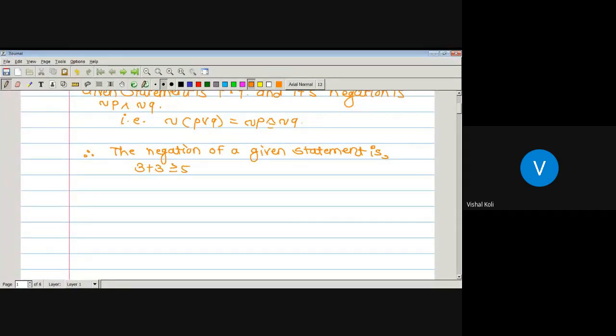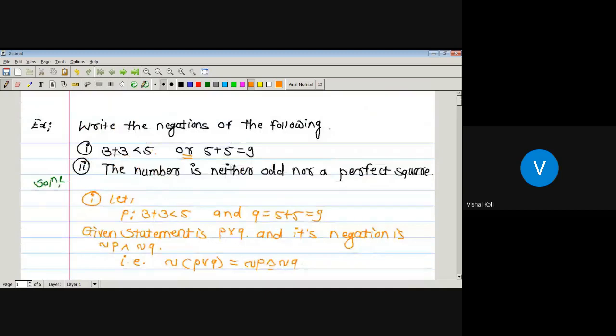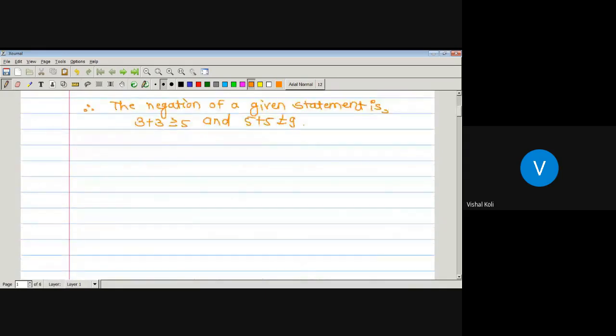Next we use the logical connective and, then negation of Q. Here Q is 5 plus 5 is equal to 9, and its negation is 5 plus 5 is not equal to 9. So the negation of the given statement 3 plus 3 less than 5 or 5 plus 5 equal to 9 is 3 plus 3 greater than or equal to 5 and 5 plus 5 not equal to 9.